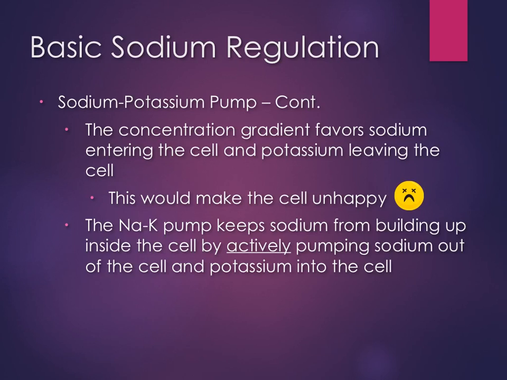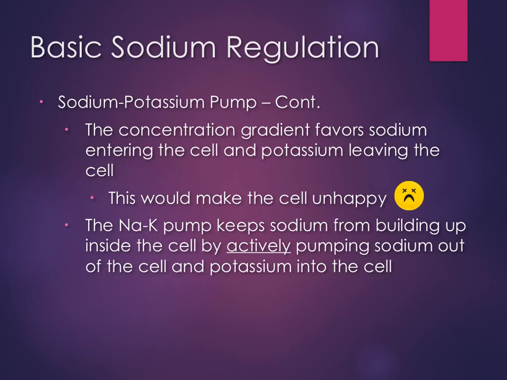Now, if you recall from your undergraduate science classes, diffusion is the movement of a substance from an area of higher concentration to an area of lower concentration. Since there's a significant amount of sodium on the outside of the cell, it wants to move inside the cell to regulate its balance. The same holds true with potassium wanting to leave the cell.